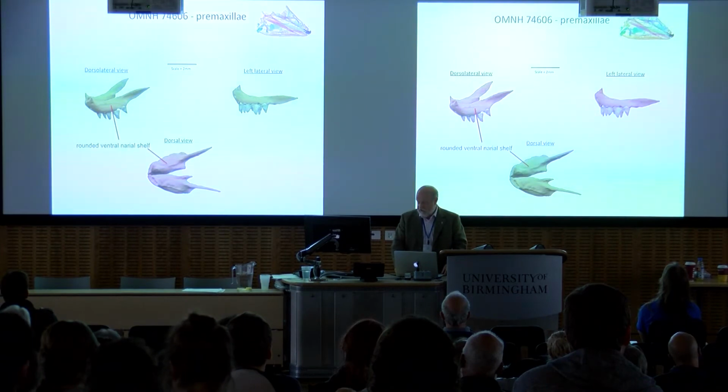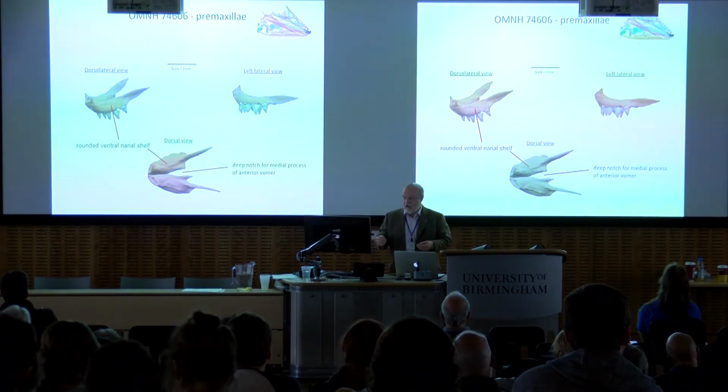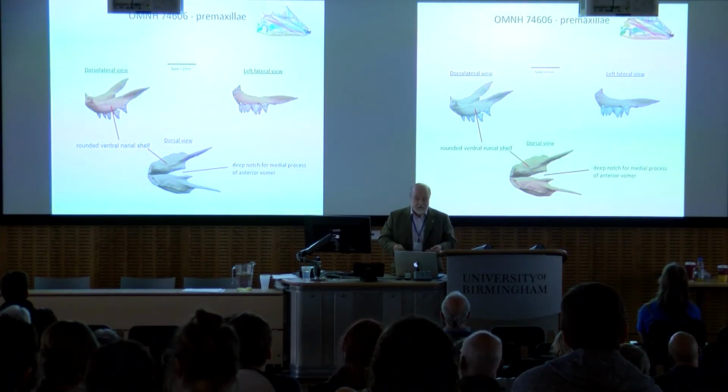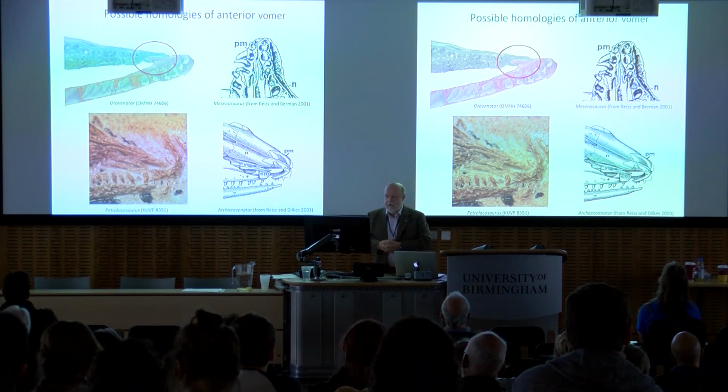You also might notice this rather deep notch, this medial process, which received the anterior process of the vomer. Here we'll take a quick look at that process there. You see that looking at it from a ventral point of view.